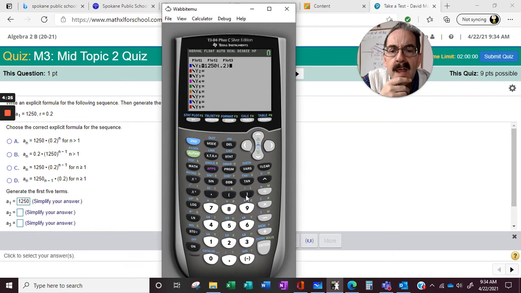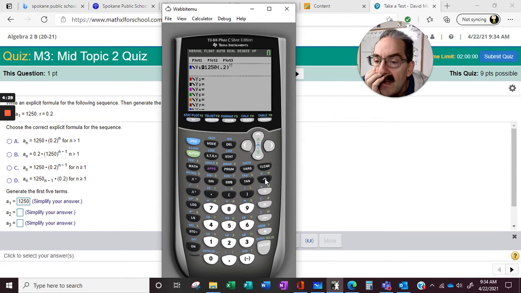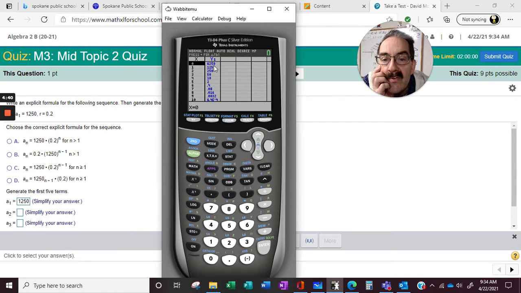All right, and then we have an exponent of n minus 1. So we're going to use the variable x minus 1. We go to the table. The very first value should have been 1250.